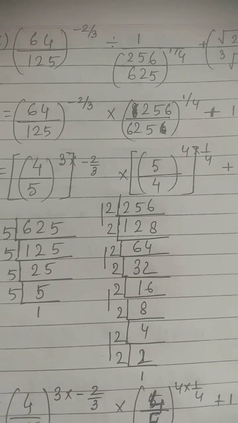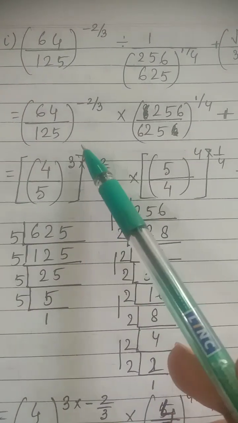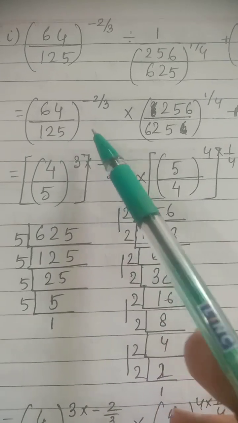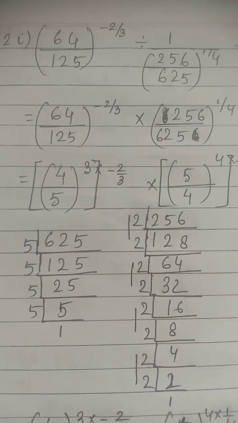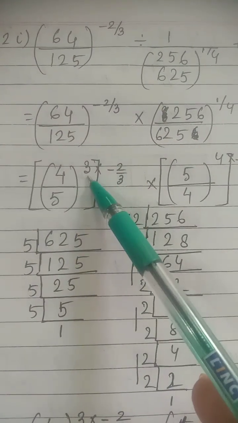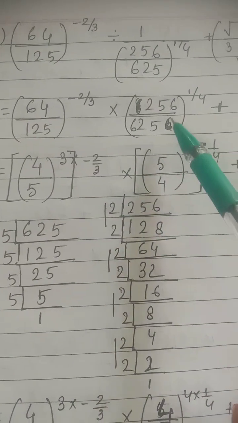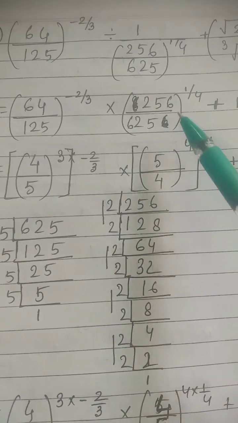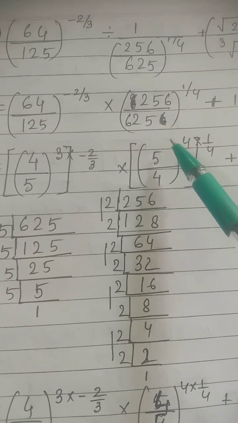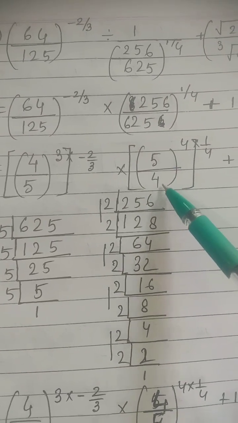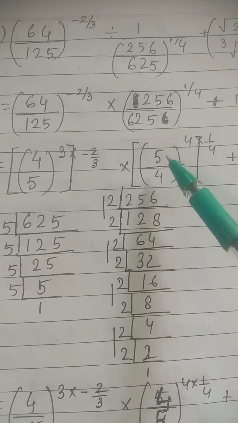Now 64 means 4 cube, and 125 means 5 cube. So what we have written is (4/5) whole cube, and the power is minus 2/3, again into 256 over 625.